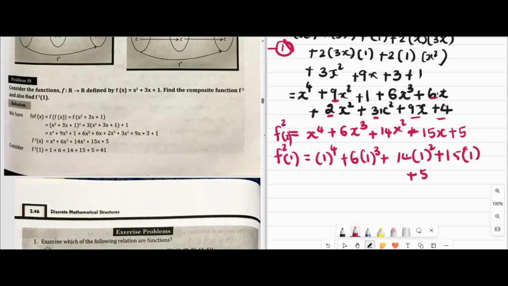So the answer is 1 plus 6 plus 14 plus 15 plus 5. 15 plus 5 is 20, 14 plus 6 is 20, 20 plus 20 is 40, 40 plus 1 will be 41. So f square of 1 is 41.